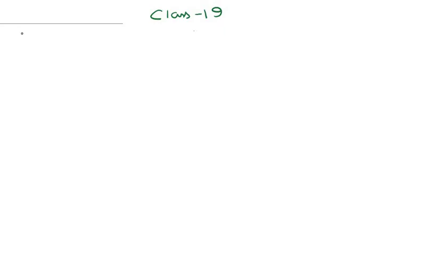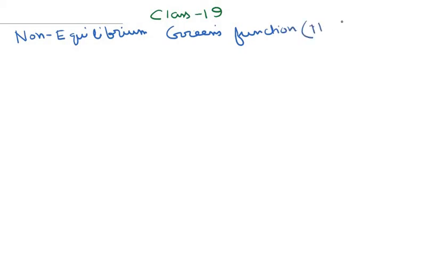Green's function we have already discussed before, and non-equilibrium because we are not dealing with an equilibrium system. So it is the non-equilibrium Green's function, simply written as NEGF, formulation.